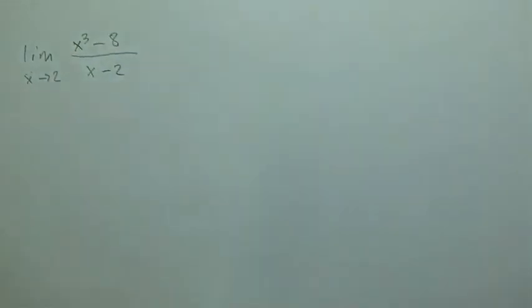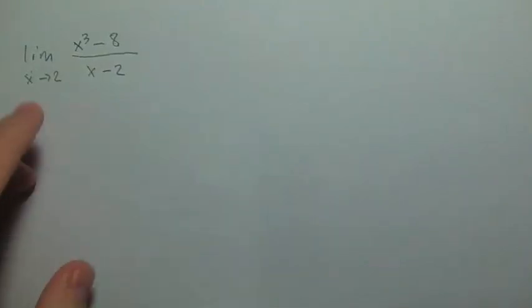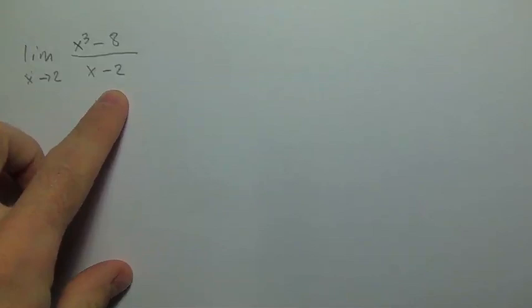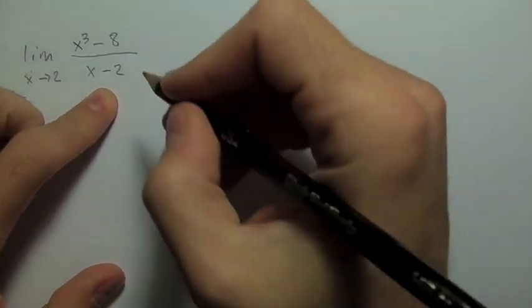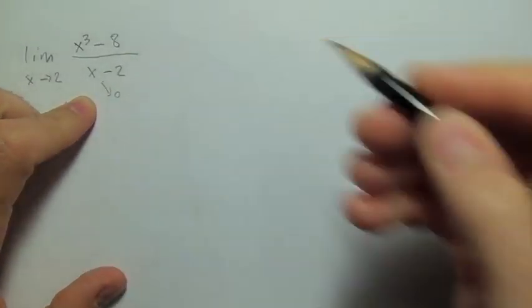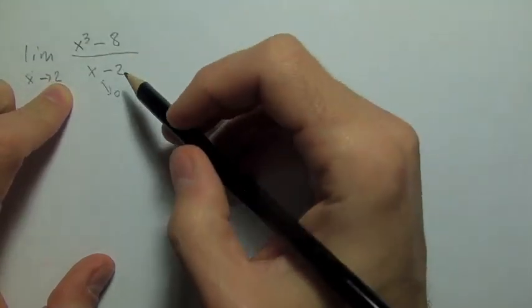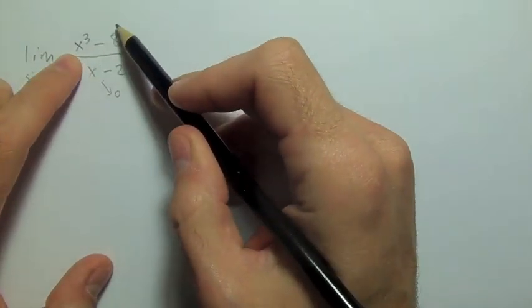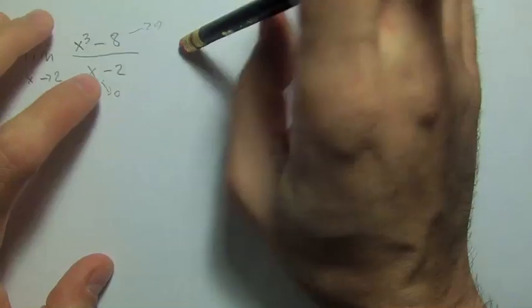Another one where x goes to 2. Once again, if I try to plug in 2, we get that the denominator is going to 0. And so is the numerator. When we plug in 2, we'll get 8 minus 8. This also goes to 0.